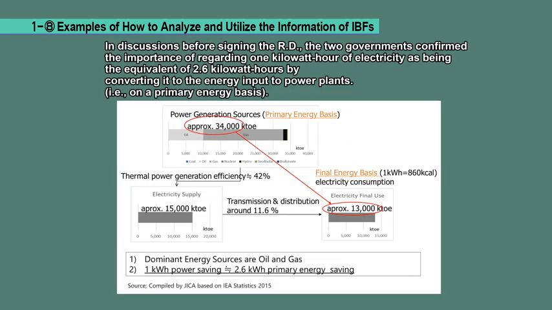The importance of regarding 1 kilowatt-hour of electricity as being the equivalent of 2.6 kilowatt-hours by converting it to energy input to power plants was confirmed prior to the record of discussion signing.